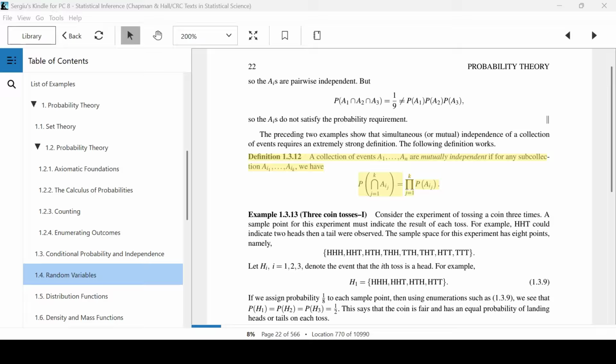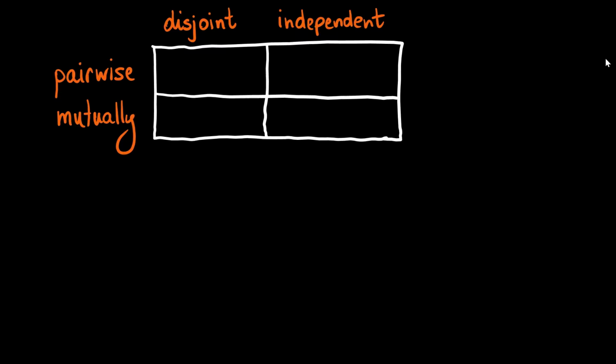So let's look at that in somewhat more detail. This is what we're trying to focus on, what it means for events to be mutually independent.